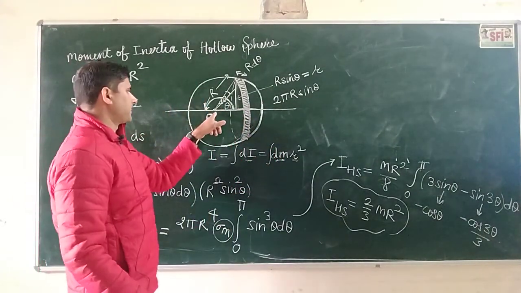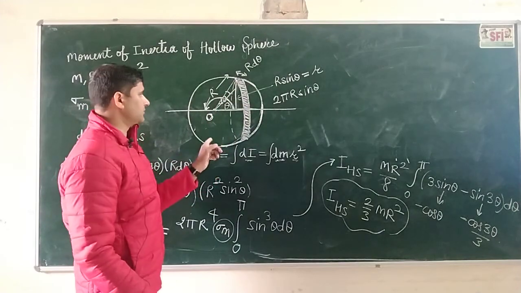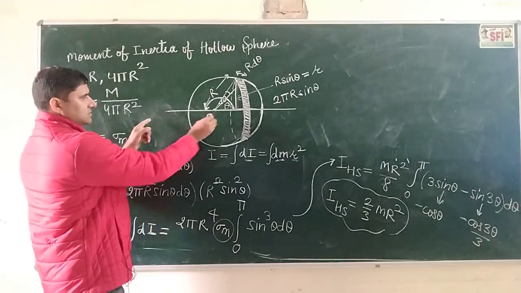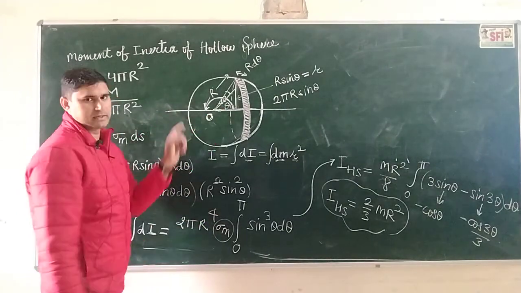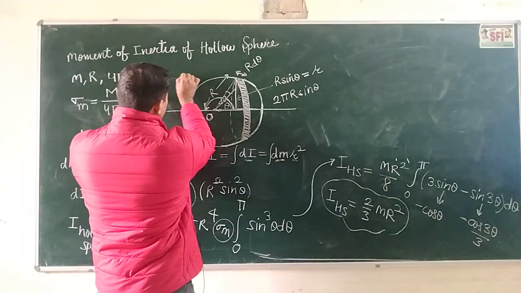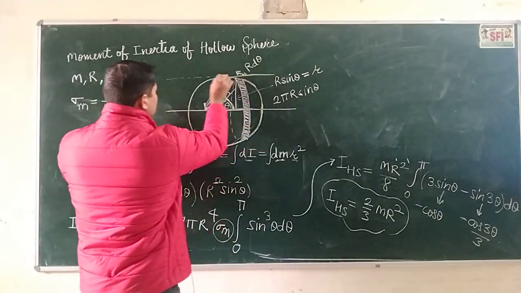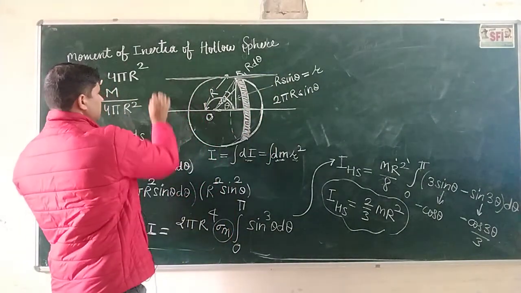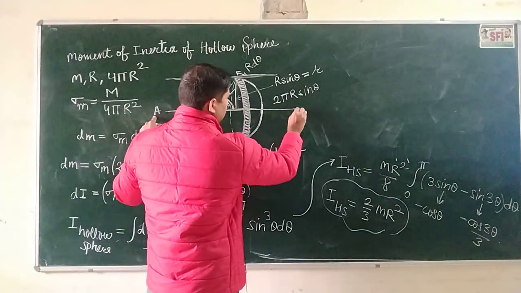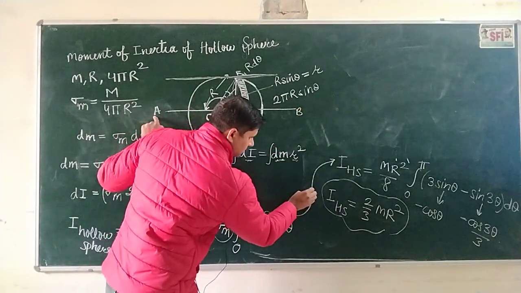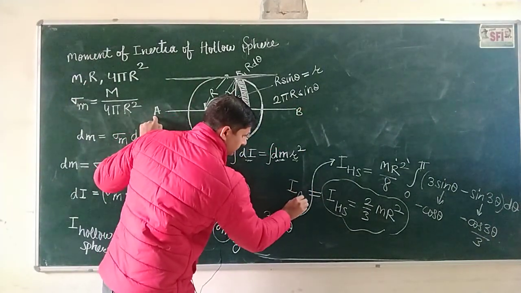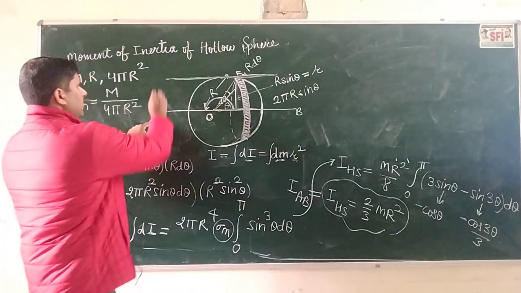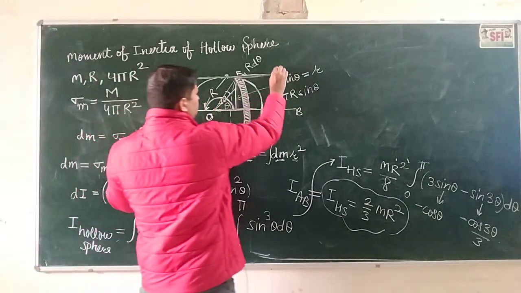You see O is the center of mass of this hollow sphere, and this is the axis AB passing through its center of mass, that is O. And we can also have an axis along the tangent, which is A dash B dash.